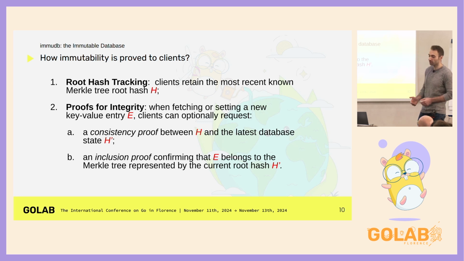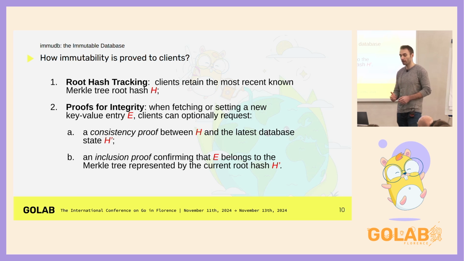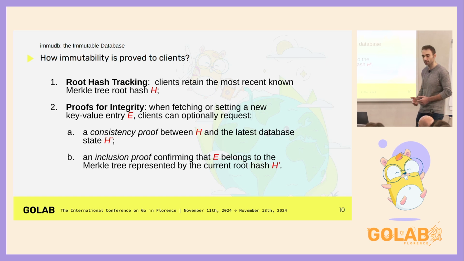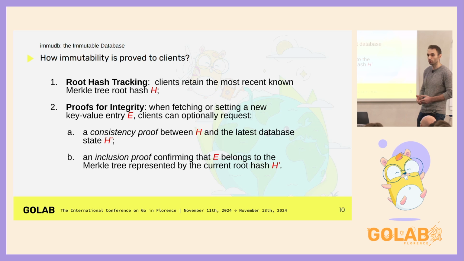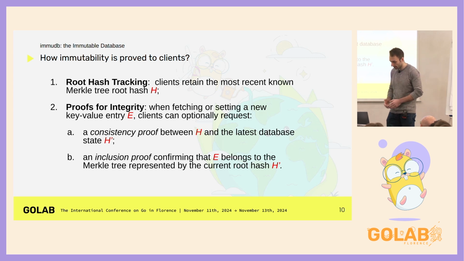And whenever it tries to fetch or set a new key, it also requests a couple of proofs: a consistency proof between the state that it caches and the latest one that the server claims to be legitimate, and an inclusion proof proving that the data it is getting really belongs to this state. And this is enough to prove immutability.